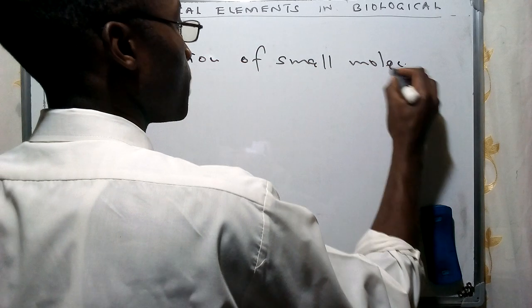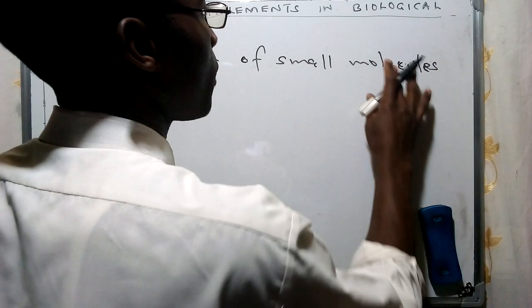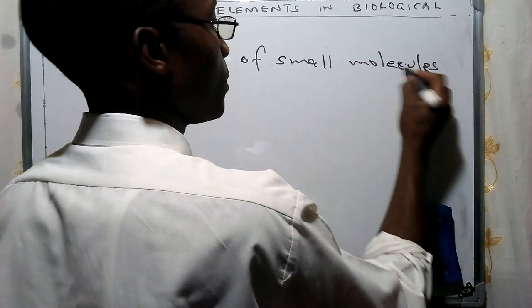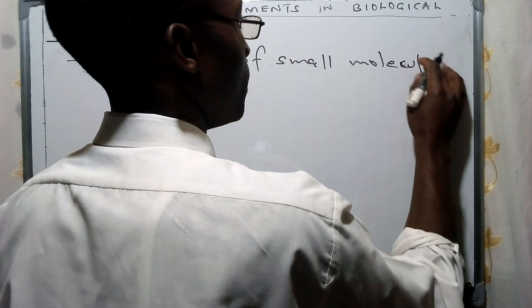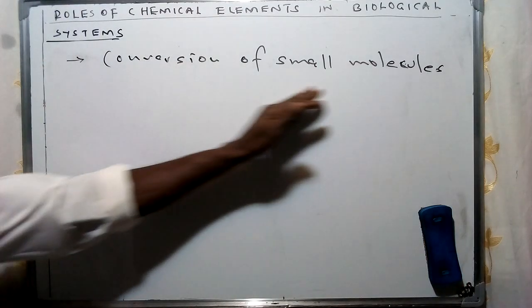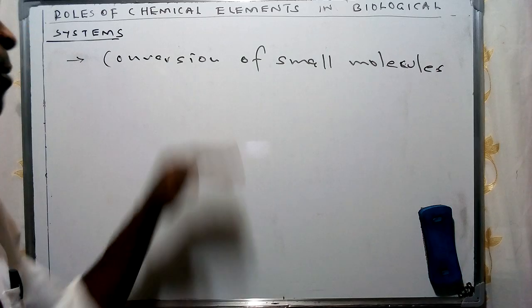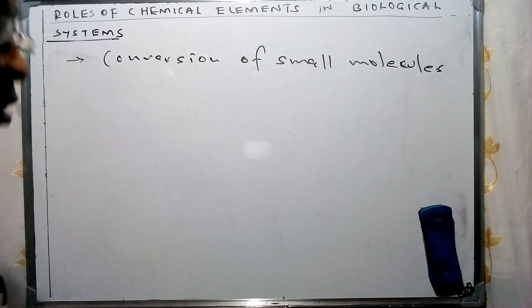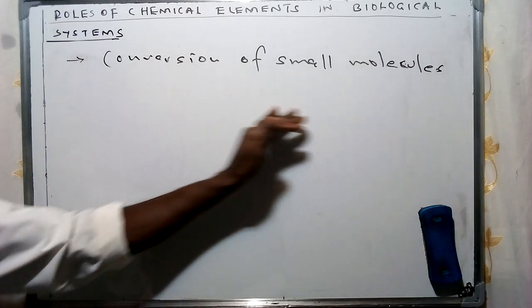Now, in this particular case, we said that there are some compounds involved in biological systems which are going to require a large amount of energy. For these molecules to work under the physiological conditions in the biosystems, they are going to be converted into a form which is efficient in terms of energy.